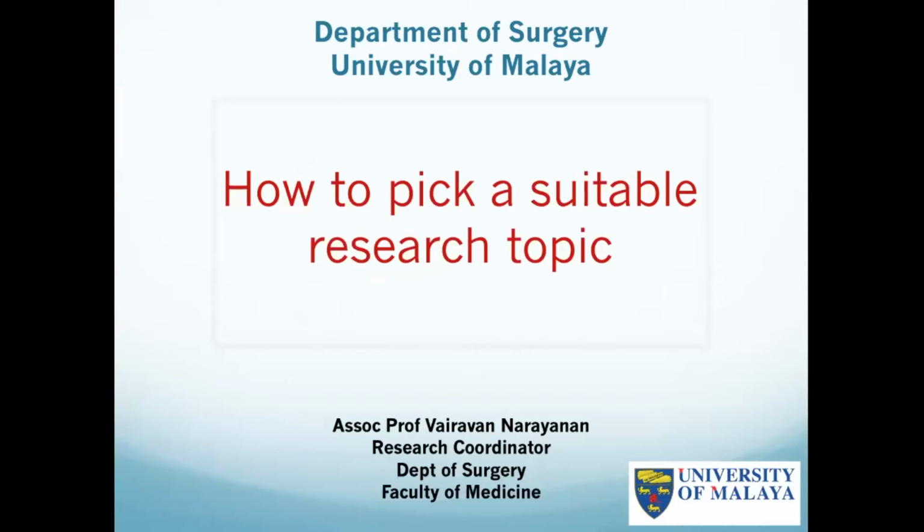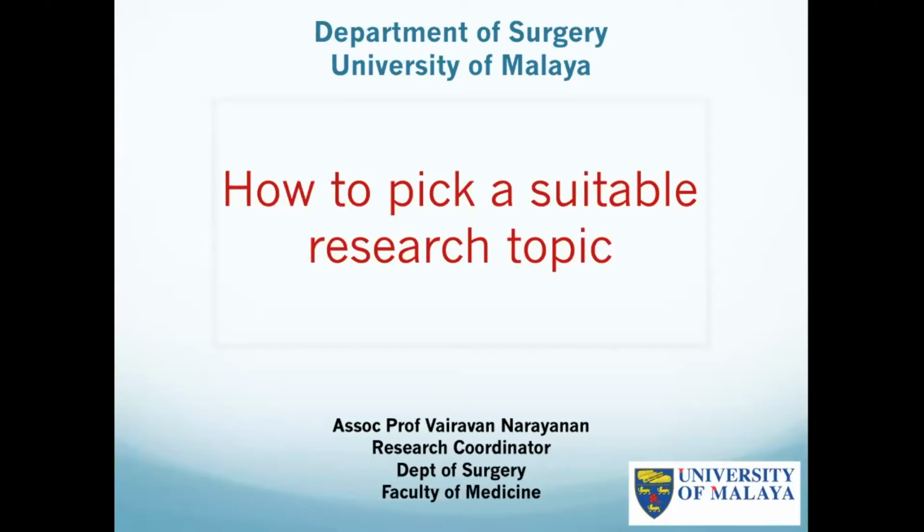So today I'm going to be talking about how to pick a suitable research topic. This is specifically for a master's thesis project in the general surgery department. Currently, I think we have 3 master's programs: the Masters of General Surgery, which is the biggest program, followed by the Masters of Pediatric Surgery and Masters of Neurosurgery.